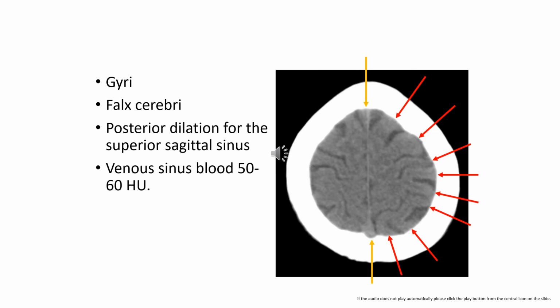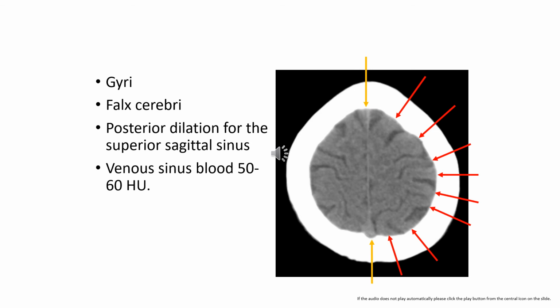If you double click, you'll see two orange arrows. These are indicating the falx cerebri, and I'll show you later on the arrangement of the falx separating the two cerebral hemispheres.